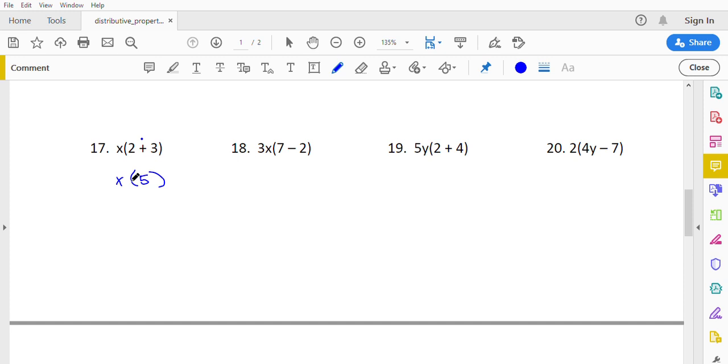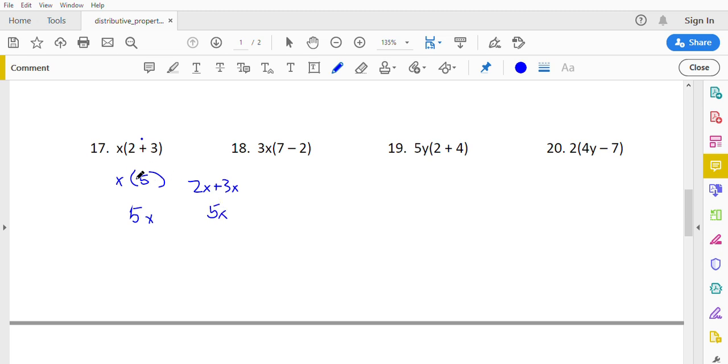You can do that first. And 5 times x, or x times 5, is just going to be 5x. Just an important note, if we wanted to, 2 times x is 2x. x times 3 is going to be 3x, and 2x and 3x makes 5x.